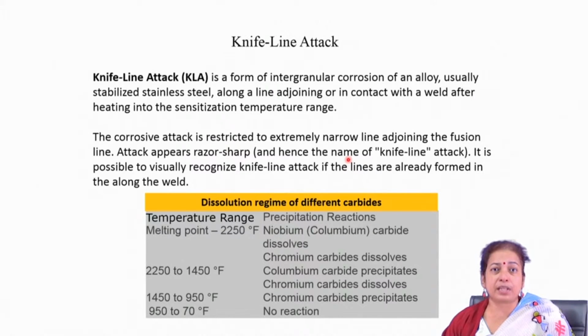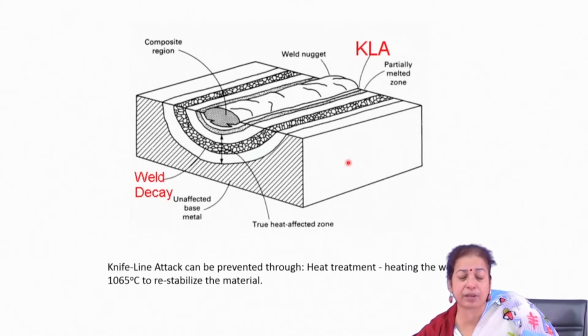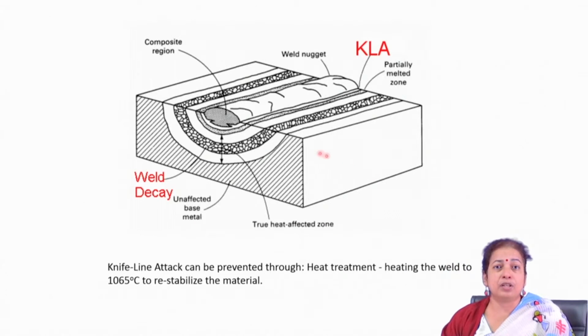So, what happens is that knife line attack is again a kind of intergranular attack, but here the zone of the attack is a little different from that of the sensitized steel, because knife line attack is usually observed at the interface between the weld zone and the substrate. And it looks like a very thin line, so you call it knife line.